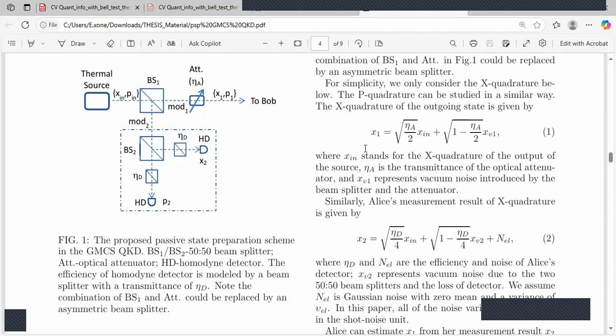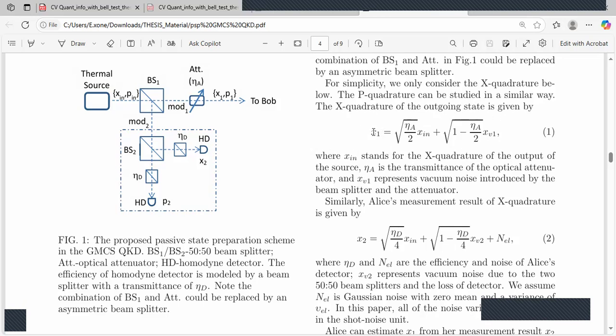So working out the noise or the error in estimation of the x1 and x2 quadratures will work for both, that is, for the conjugate p quadrature as well. First, the author is showing what Bob will get after measuring the incoming quadrature.